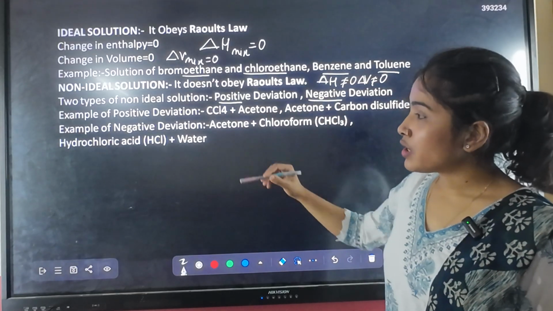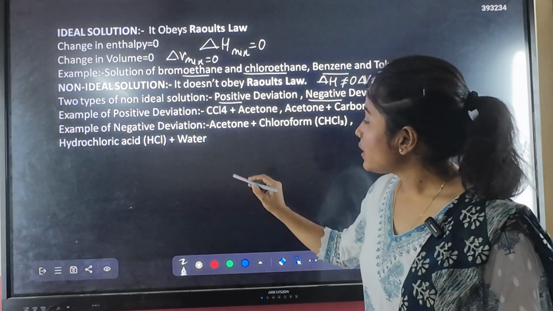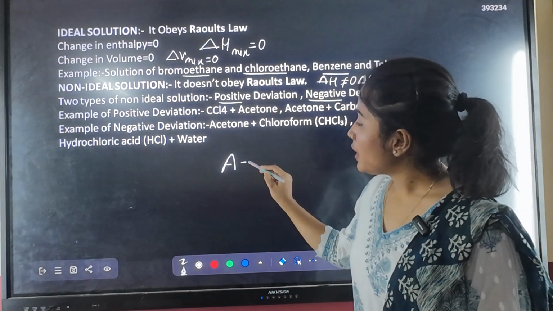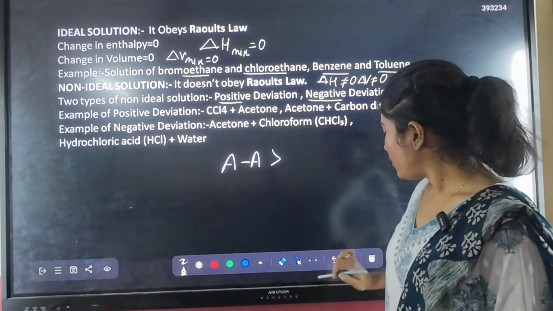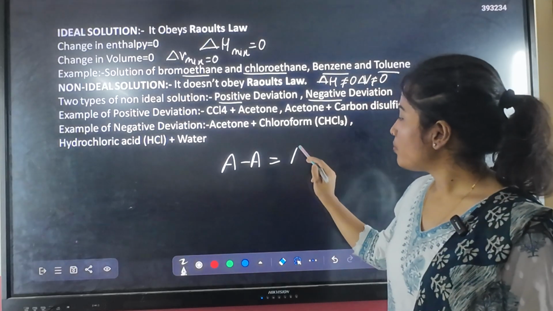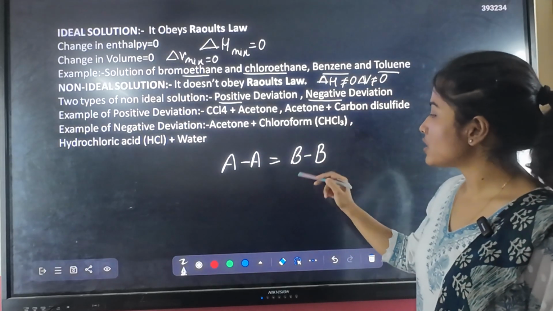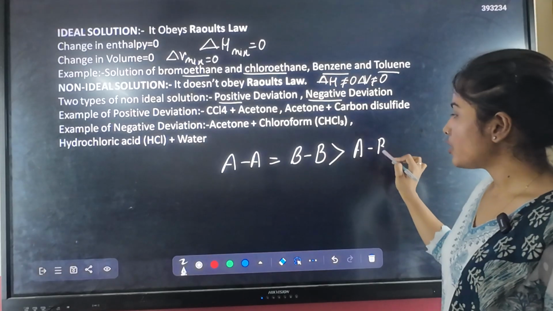Positive deviation occurs when the interaction between AA components or BB components is stronger than between A and B. Then what will happen?